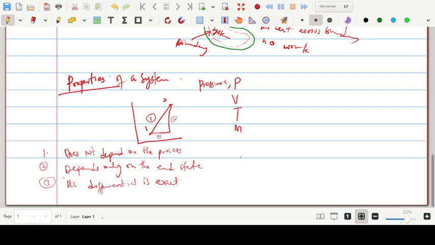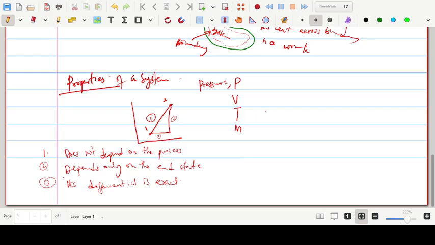Another thing, we now have types of properties. Like in our basic physics, we were taught units, as in dimensional analysis, where we have fundamental units and derived units.